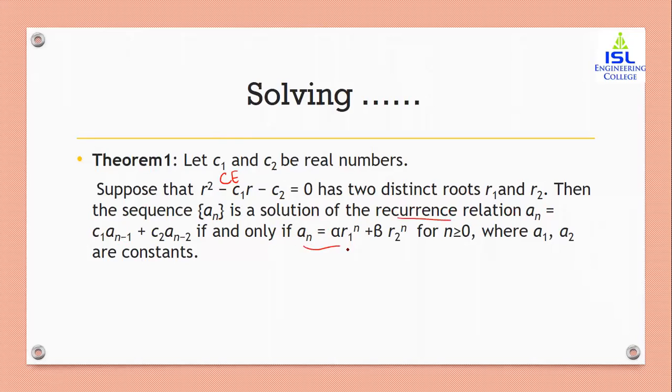For that, the solution is given as a_n equals alpha r1^n plus beta r2^n, where n is always greater than or equal to 0, that is n equals 0, 1, 2 and so on. Here alpha and beta are constants.